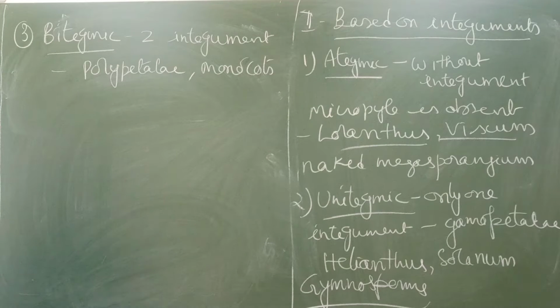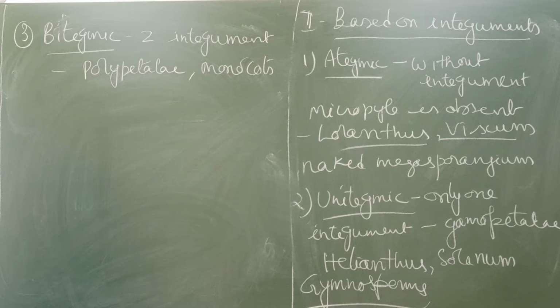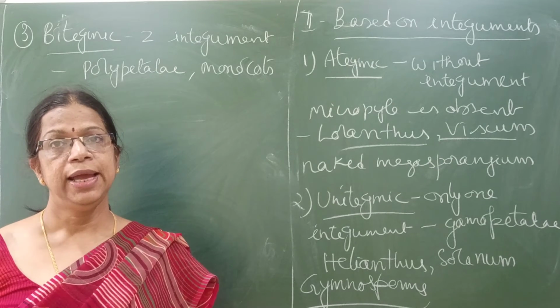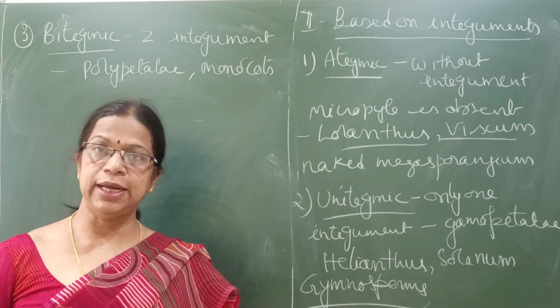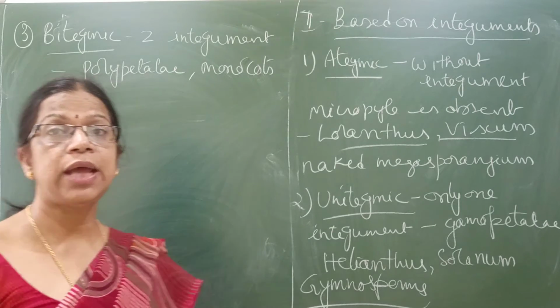Now next we will see the types of ovules based on the position of funiculus, chalaza and micropyle. I told you what funiculus, chalaza and micropyle are, and based on their positions, there are different types of ovules.